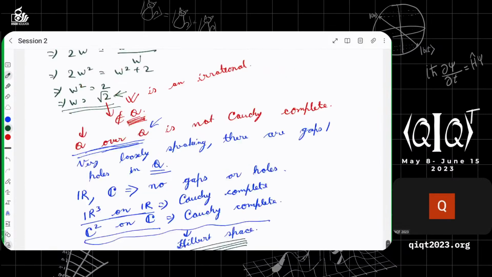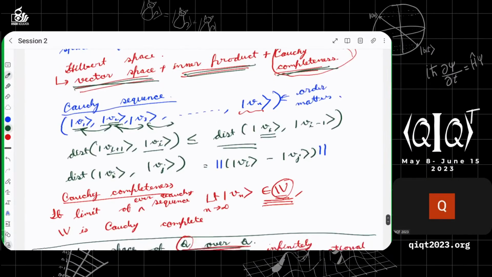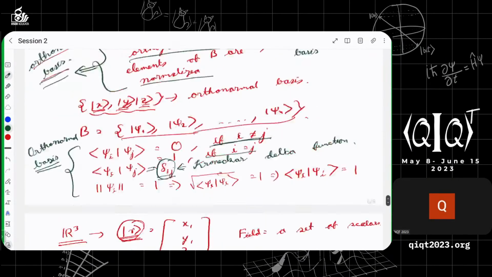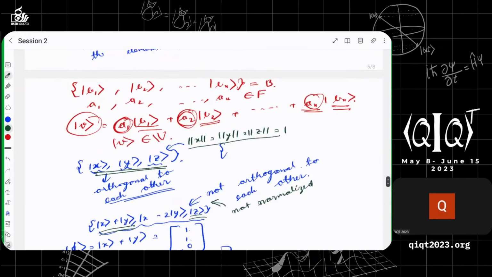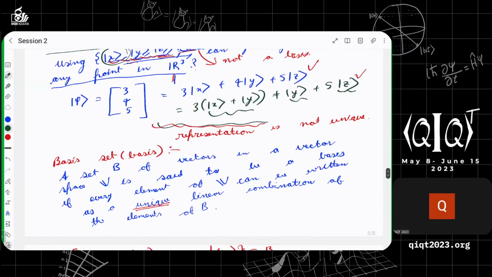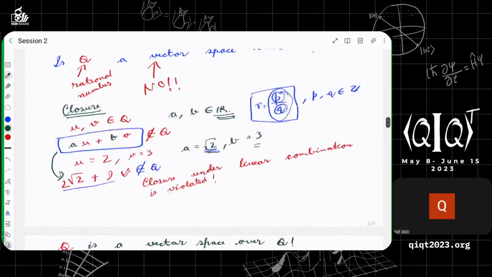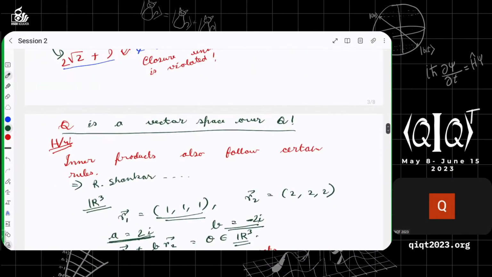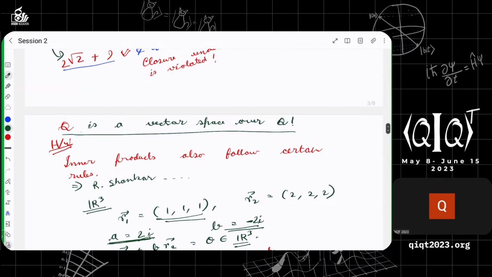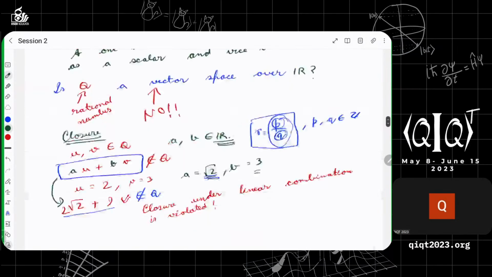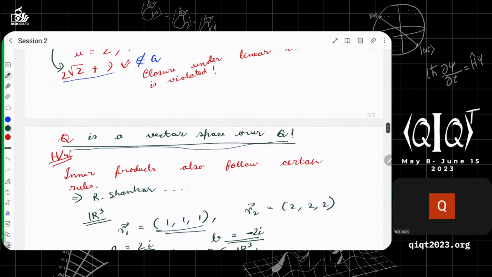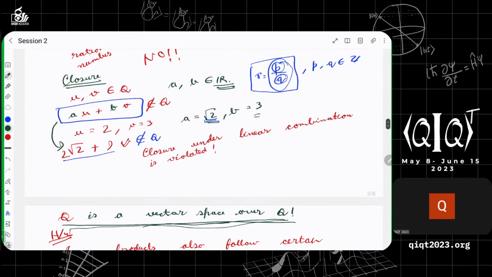Over the course of this session, I have asked you to do some things at home. For example, proving that certain sets are Hilbert spaces or are not Hilbert spaces, and proving that the set of rational numbers is a vector space over itself.